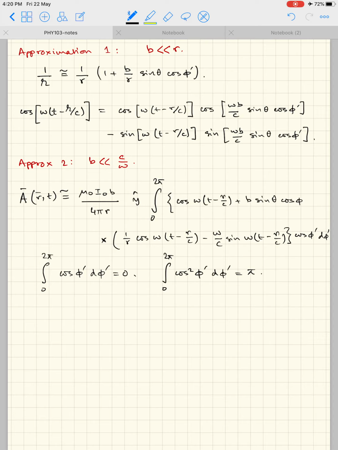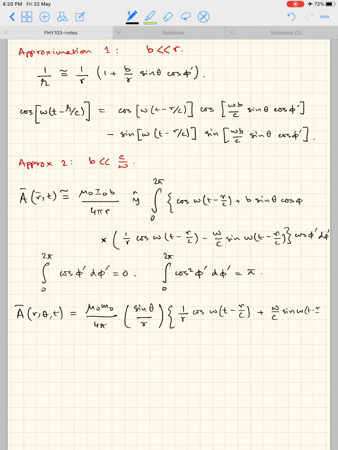So then what we get is that the vector potential A(r, theta, phi, t) is given by mu naught m naught by 4 pi, sine theta over r, into 1 over r cos of omega t minus r over c plus omega over c sine of omega t minus r over c.